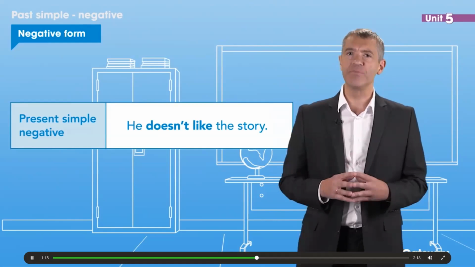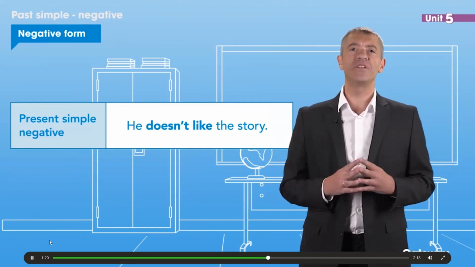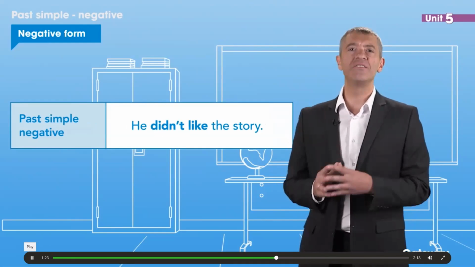In the past simple, we use the past of don't or doesn't. We use didn't. As you see, does, doesn't becomes, don't, doesn't becomes didn't, verb 1. So we say, he didn't like the story.